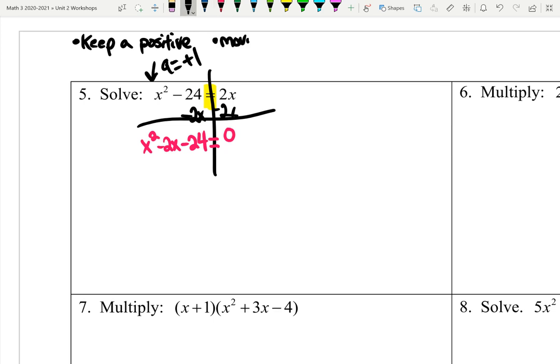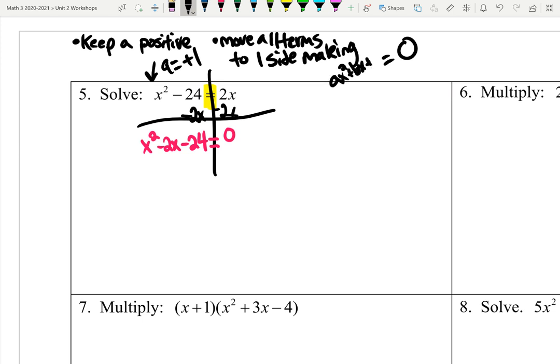So this is the second part. Move all terms to one side, making it look like something equal 0. And that something is always going to typically resemble ax squared plus bx plus c.